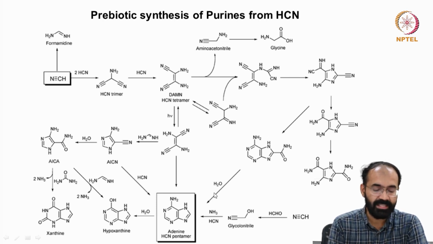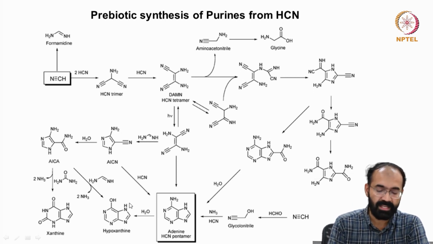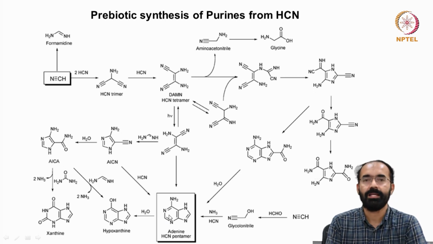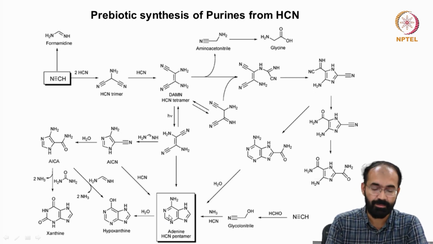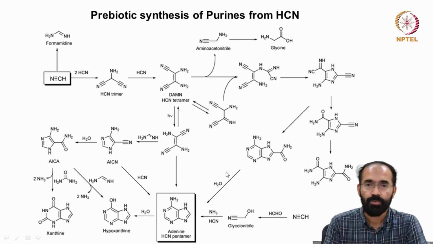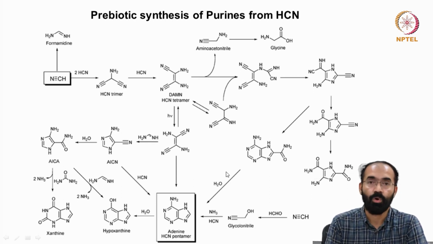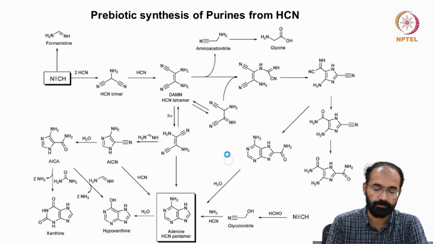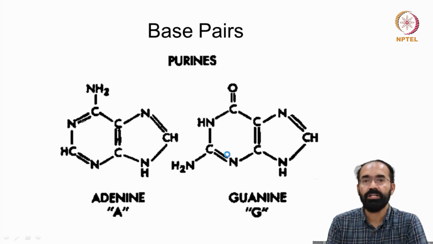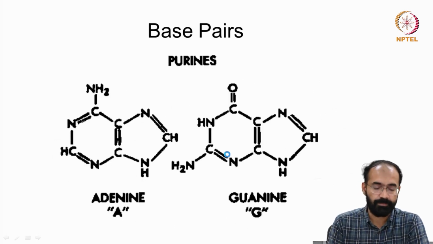So as you can see here, xanthine can be formed, hypoxanthine can be formed, and also adenine can be formed. Similarly, the other purine, guanine, can also be easily formed by similar chemistry. So purines can be formed as a polymer of hydrogen cyanide. And let us look into the structure of the purines.